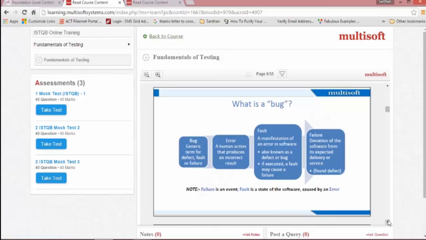So simply a manifestation of an error in the software will be called a bug or defect or fault. It is simply any deviation from the expected result of the customer on the application, and that will be called a fault.